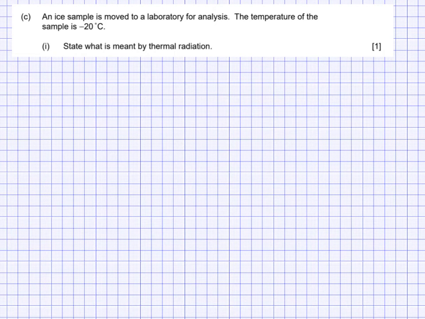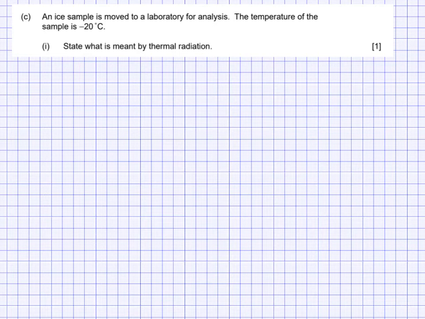Okay, so we're into part C of this epic question 6. This ice sample that has the beryllium transmuting to boron being used to date the ice has been taken to a laboratory for analysis. We know the temperature of the sample to be minus 20 degrees Celsius. First up, we're asked to state just a definition here.